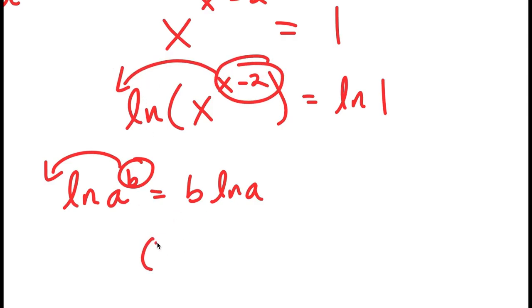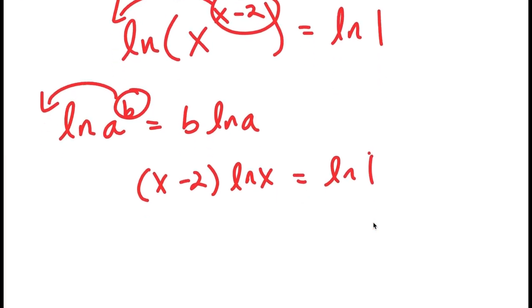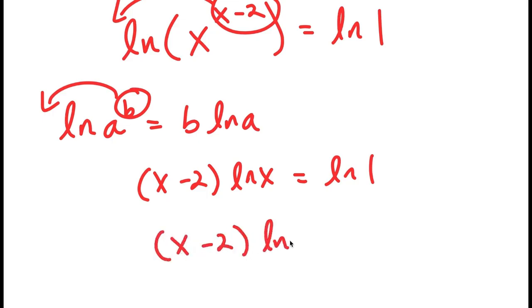So now I get x minus 2 times ln x is equal to ln 1. If you didn't already know, ln 1 is actually equal to 0. So I get x minus 2 times ln x is equal to 0.